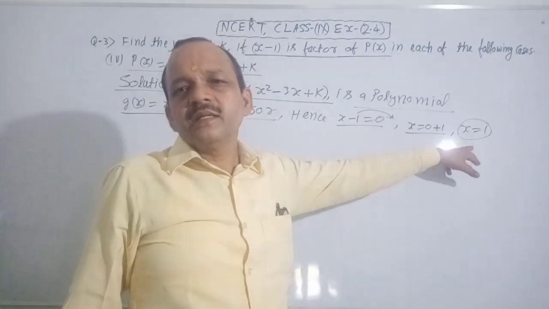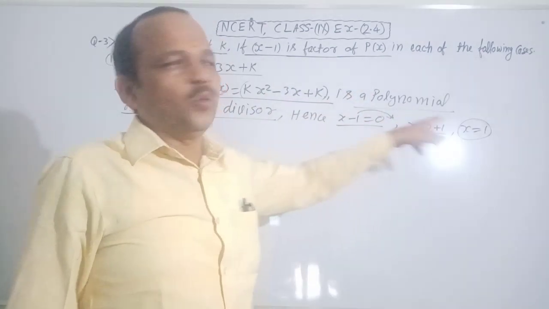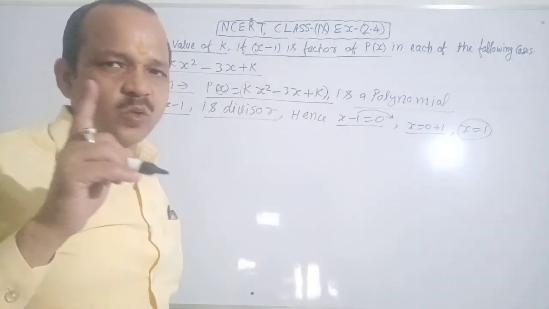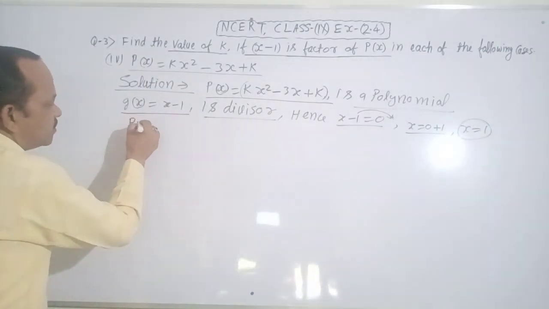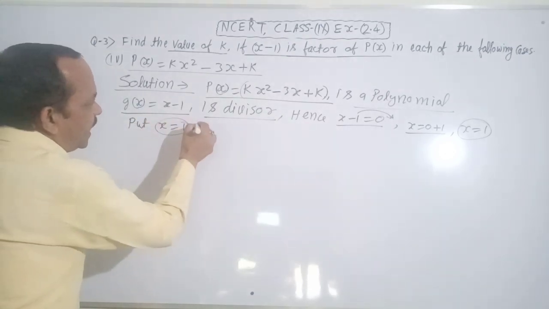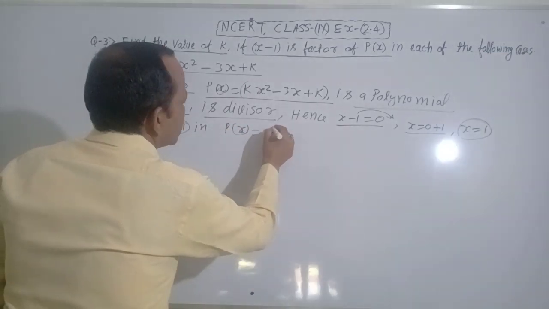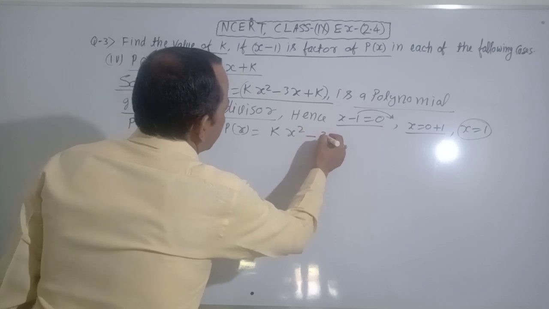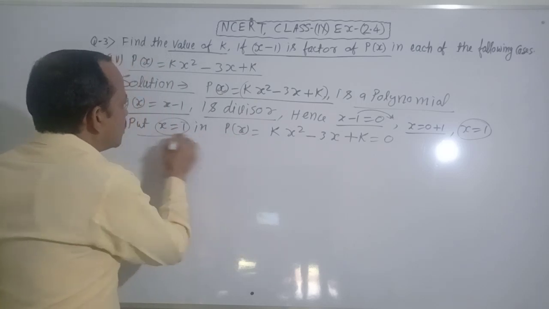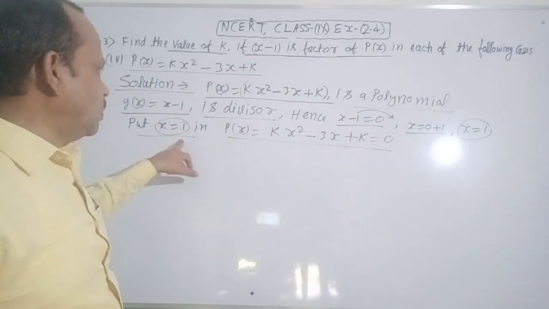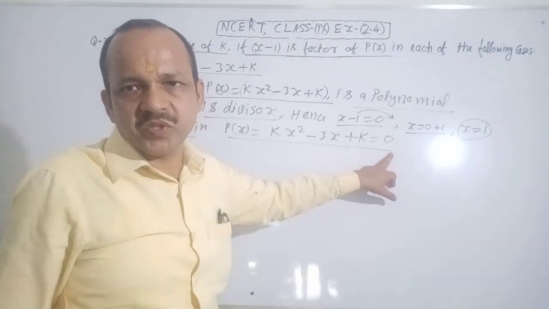It means it is a zero of the given polynomial. Now you put x equal to 1 in the given polynomial. Is it clear? No confusion about it? Very good. Put x equal to 1 in p(x) equal to kx square minus 3x plus k equal to 0. Clear?